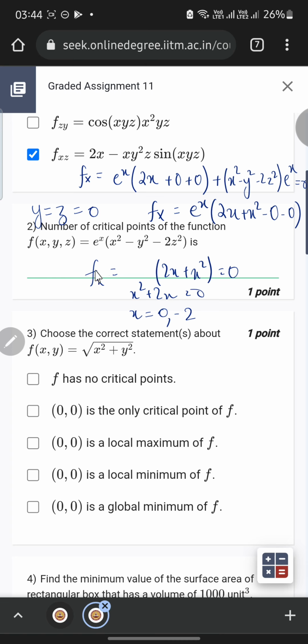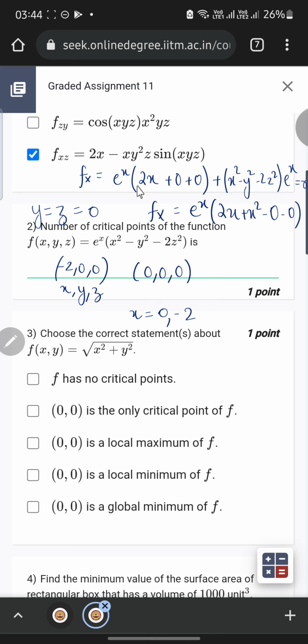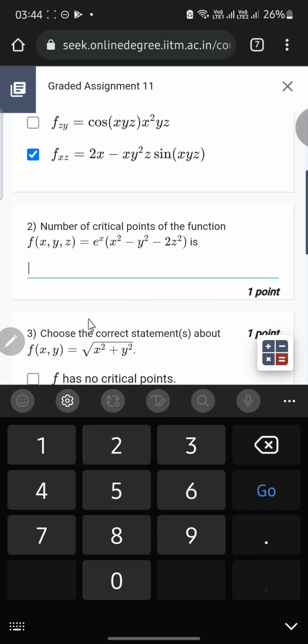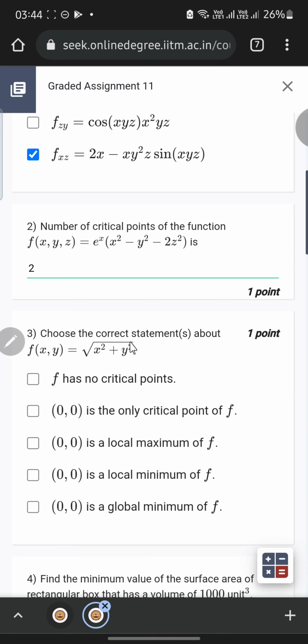So from this we will be getting two critical points. One would be minus 2 comma 0 comma 0. See here, x is minus 2, y is 0, and z is 0. And the other point would be the origin 0, 0, 0, right? So here our answer would be 2. We will be getting two critical points.